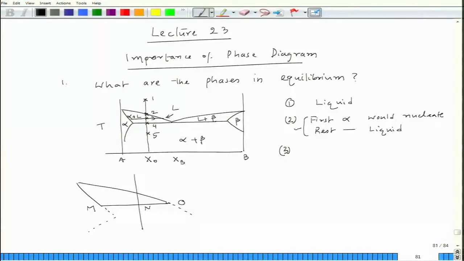Here also I would be able to know the composition. So, here the composition would be nothing but x0.